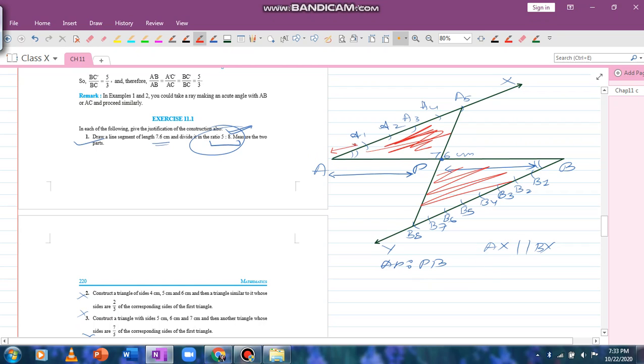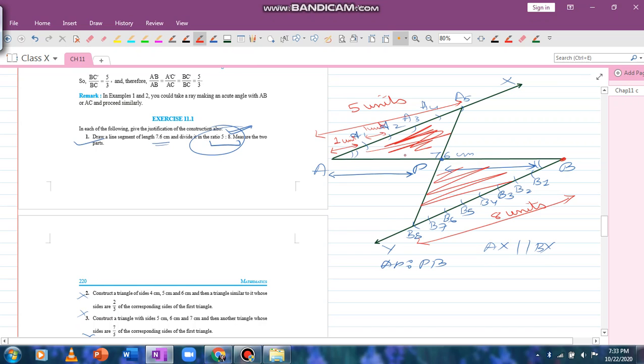Keeping in mind that I had taken a 1 unit radius to draw these arcs, this would mean the length of AA5 is 5 units and the length of BB8 is 8 units. Just keep that in mind, because the distance between consecutive points is 1 unit. That's why the distance from here up to the 8th point will be 8 units.